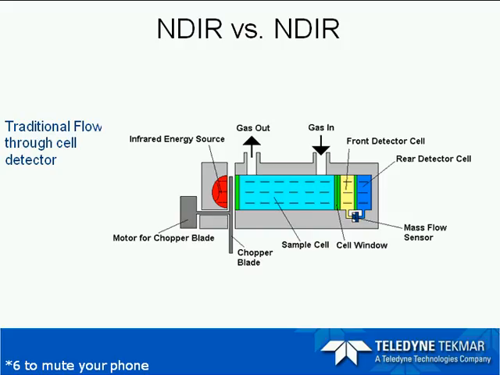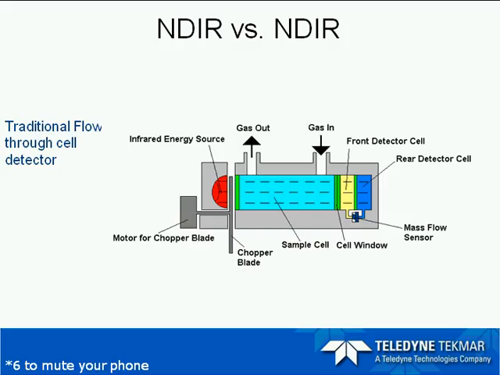For the detector, you actually have an optical cell window that does come in contact with the actual sample. It's an important point. In flow-through cell technology, your actual sample gas stream does come into contact with your cell window, which can affect analysis. Another point here, as you can see, is a motor for the chopper blade, and in between the IR source and your sample cell is the chopper blade itself.